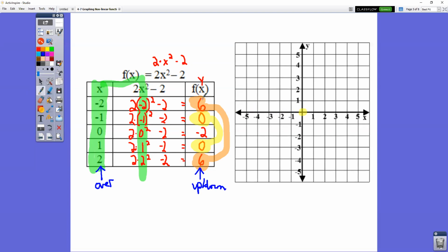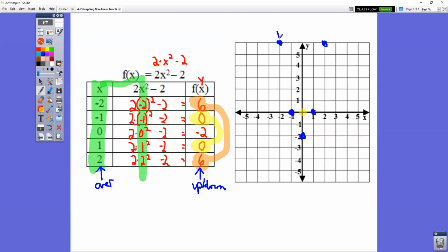So -2, 6, starting in the middle, over to -2, up to +6. -1, 0, starting in the middle, over to -1, up to 0. 0, -2, starting in the middle, over 0, down to -2. 1, 0, starting in the middle, over to 1, up to 0. And 2, 6, starting in the middle, over to 2, up to 6.